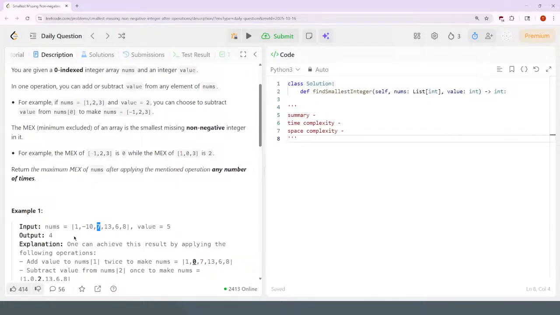Alright, so actually, now that I think about it, this is a greedy approach deal.